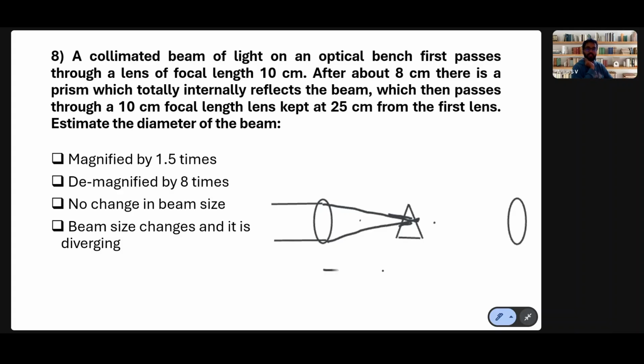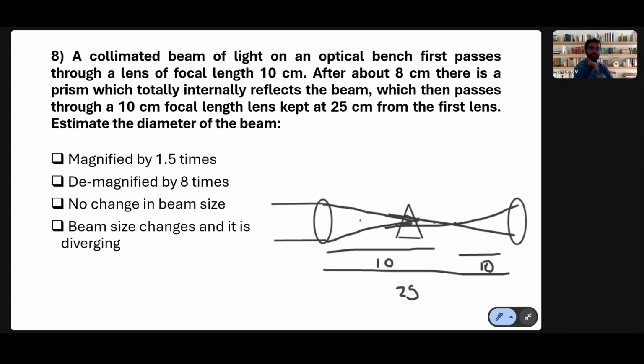So this total length is 25, but the focal length here is 10, and this length is also 10. It's not up to scale, but I hope you can follow me. This beam of light passes through this lens, and we have to estimate the diameter.